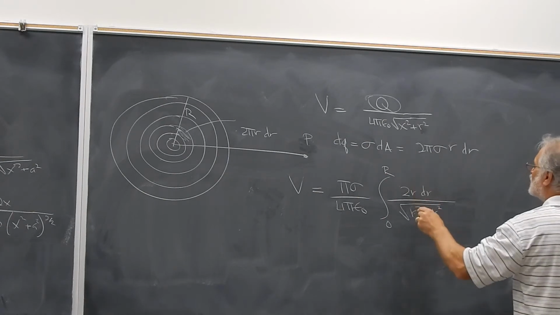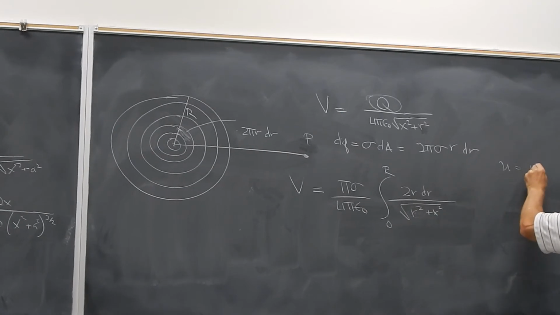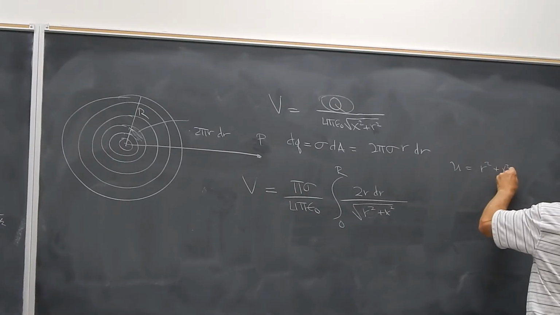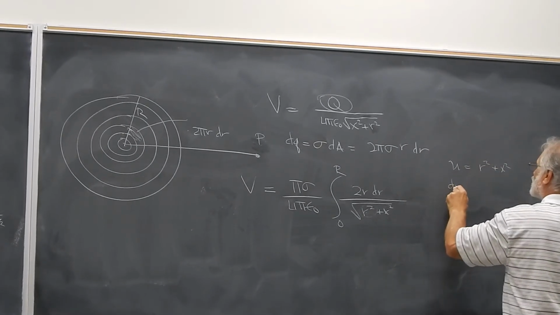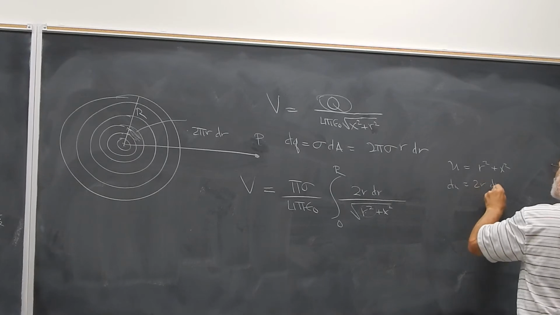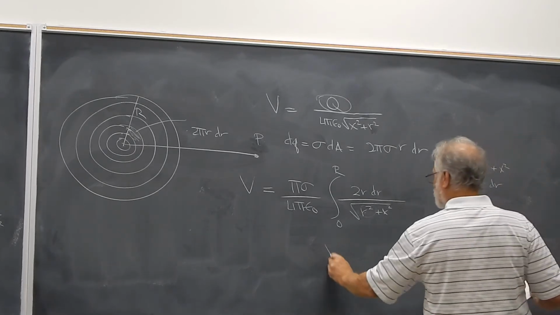It's a u du type integral, where I can write u is r squared plus x squared, and then du is 2r dr, which I have in the numerator. So I can do this integral fairly simply.